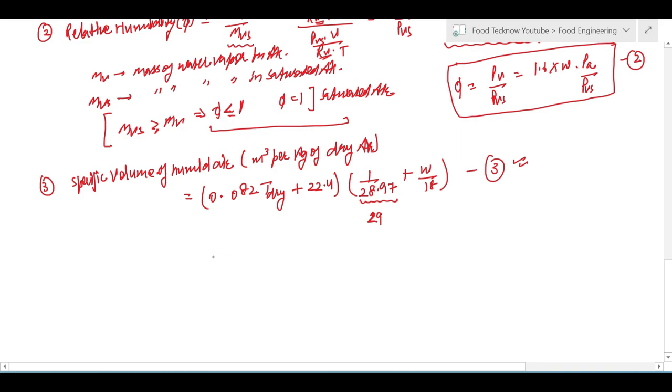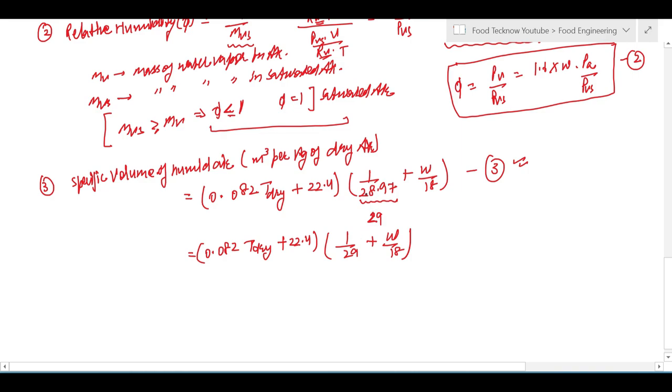Okay, so the formula can be written in this form: 0.082 into T dry plus 22.4 into 1 divided by 29 plus W by 18. इसमें कोई मिस्टेक नहीं होगी अगर आप ऐसा कर भी दें.